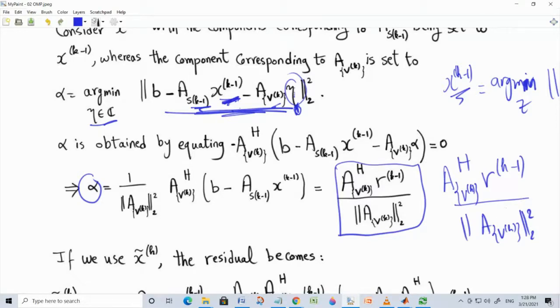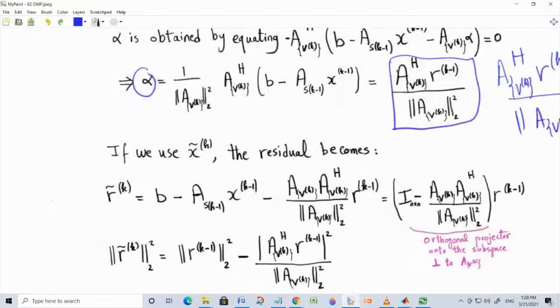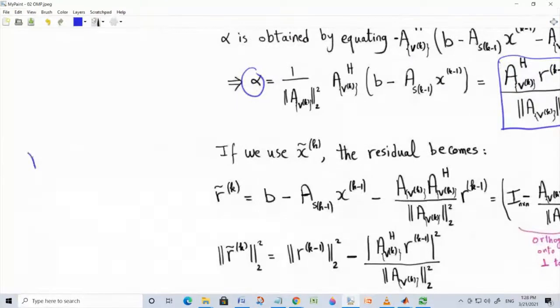Okay, now take this value and plug it in. This will give you a residual vector. I will denote it R tilde, not R, because in the actual algorithm we have R of k.